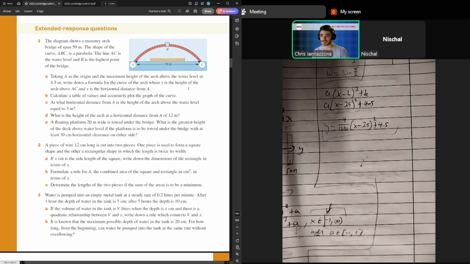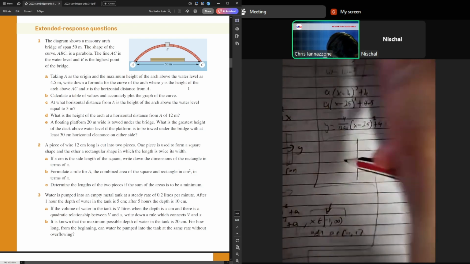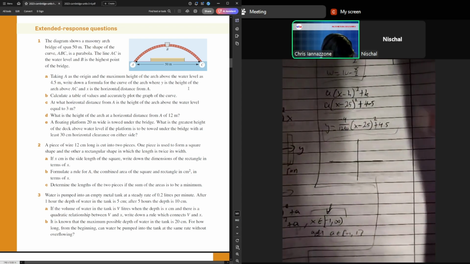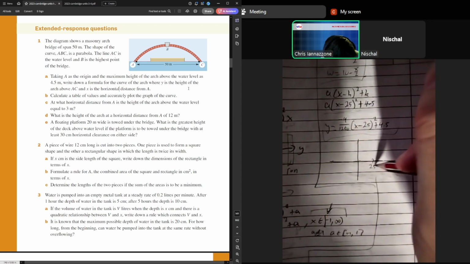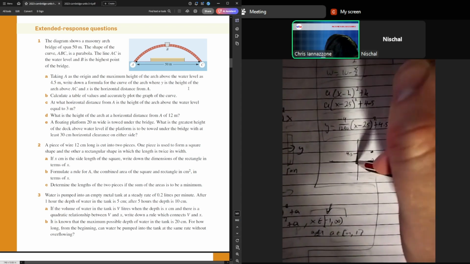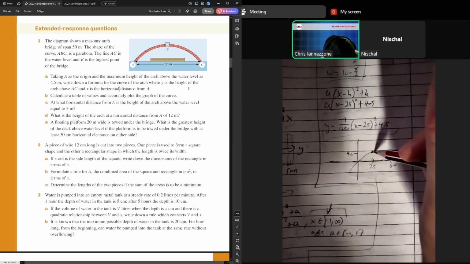As you said, it's literally just repeating what they've drawn there, but on an axis instead. So we know the turning point is at (25, 4.5), and that it goes through (0, 0) and (50, 0).